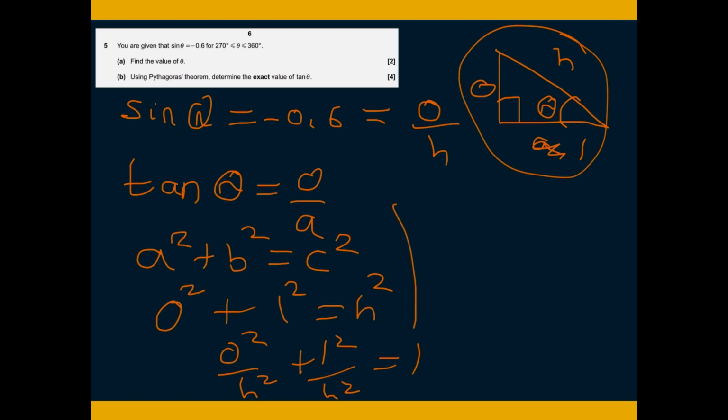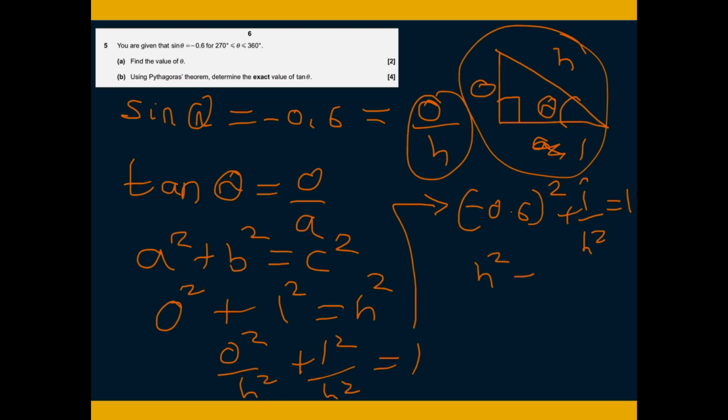So this is quite abstract what we're doing, but we will get to an answer eventually. Now, o²/h² equals sin²θ, as we see here. And sin²θ must equal (−0.6)². So we can just write that there, (−0.6)². Now, 1²/h² is what we're trying to find out. So plus 1/h² equals 1. And rearranging gives us h² equals 25/16 and h equals 5/4.